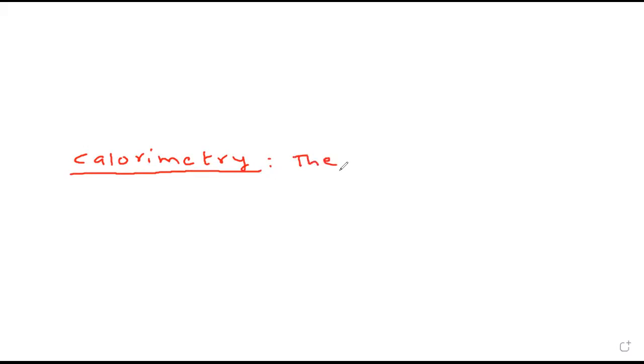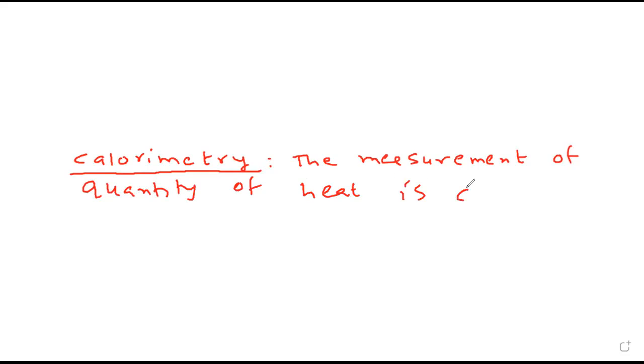The measurement of quantity of heat is called calorimetry. The measurement of temperature is called thermometry. Measurement of quantity of heat is called calorimetry. So first write only what is the meaning of calorimetry. The measurement of quantity of heat is called calorimetry.